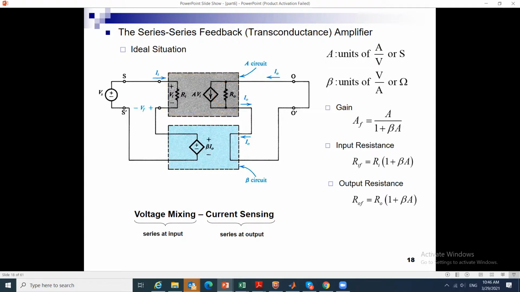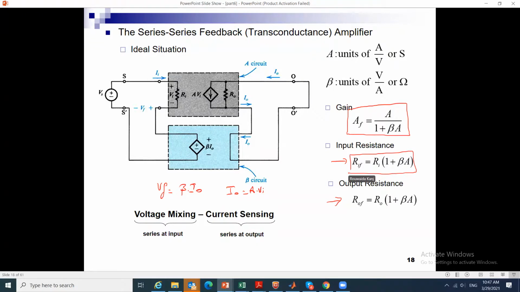So according to this, since IO will be equal to A times Vn, and then Vf is equal to beta times IO, the same relation will hold, and we will end up with a gain AF, which is equal to A over 1 plus A beta. We are not responsible for deriving what the RIF and ROF equal. We can directly plug them in.